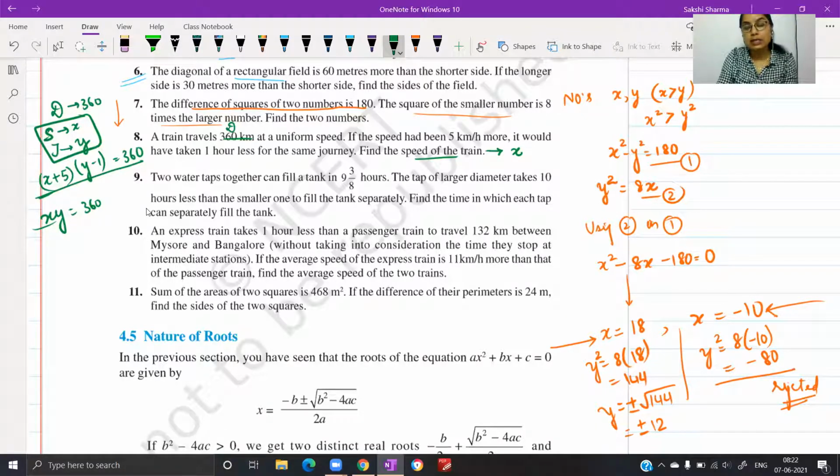So you have to find the value of x or y from xy equals 360 and put it in, after which your equation converts into a quadratic equation in the variable which you have replaced.